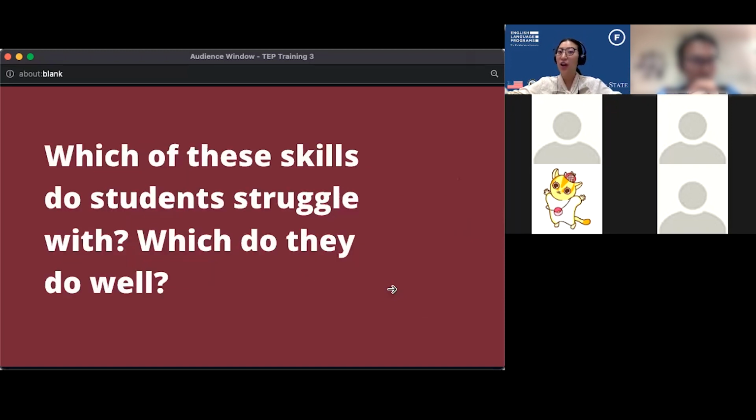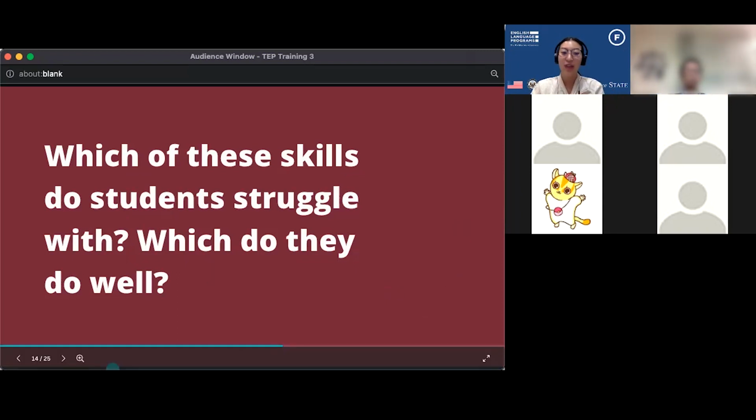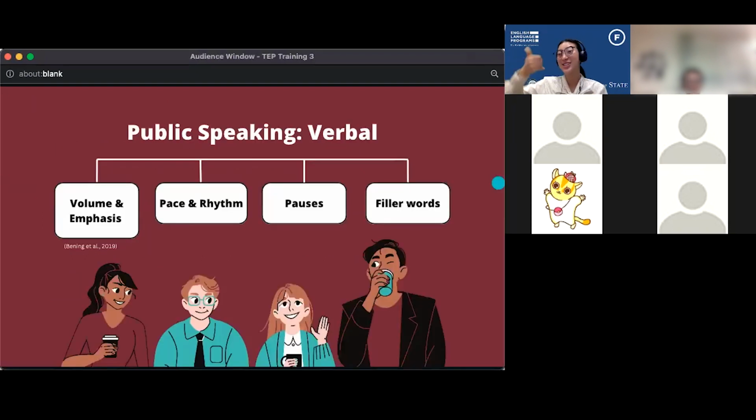So question, which of these skills do students struggle with and which ones do they do well? So let me just go back to the slide with all of them. So please type in the chat box which ones are students good at and which ones they need to work on.